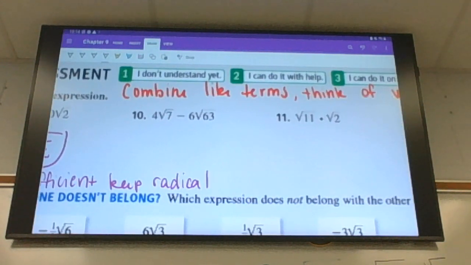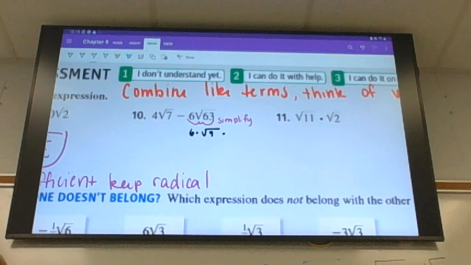Okay. So I'm going to change this one before I can even do the subtraction. 63 is the same as 9 times what? How many people know 63 is 9 times 7?